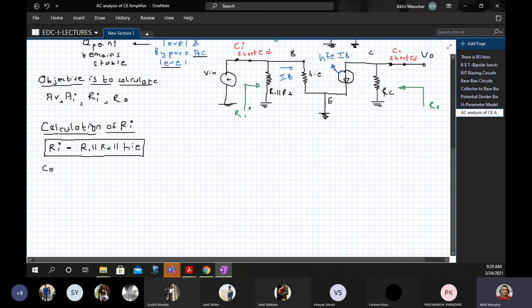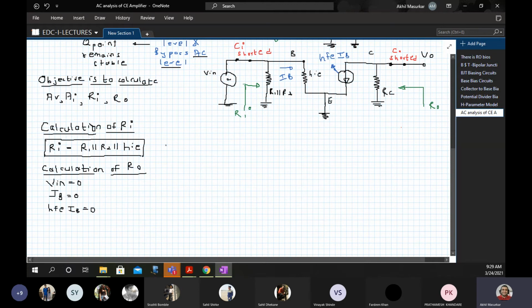Next we have the calculation of R0. To calculate R0, we will make Vin equal to 0. The moment we make Vin equal to 0, IB becomes 0. If IB becomes 0, HFE times IB also becomes 0.